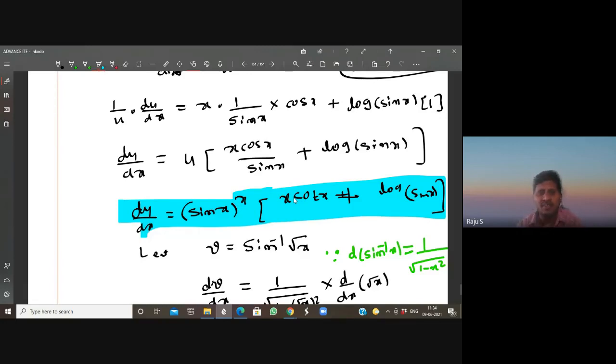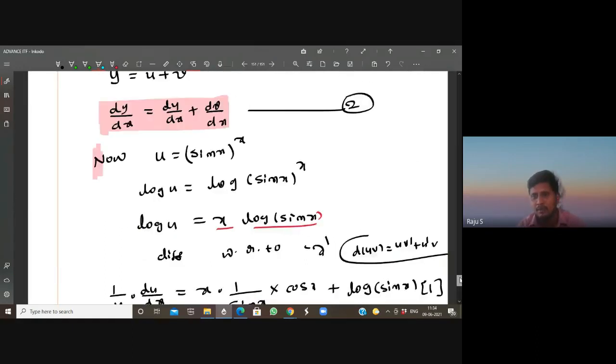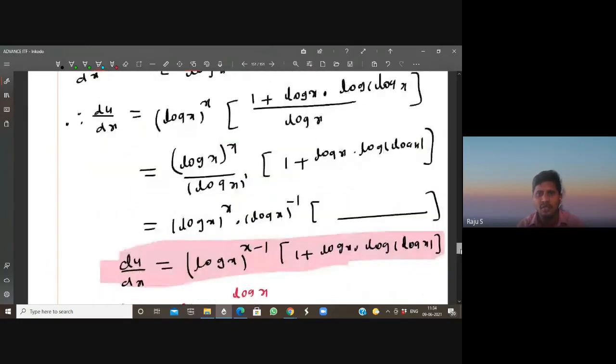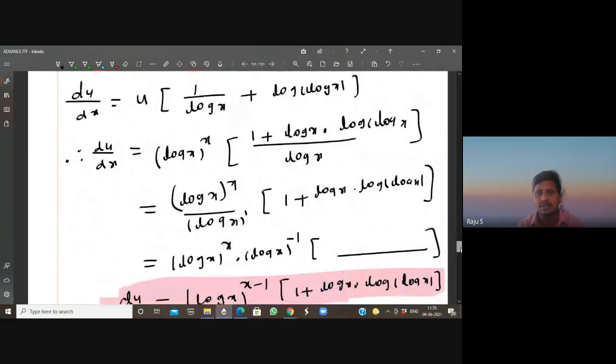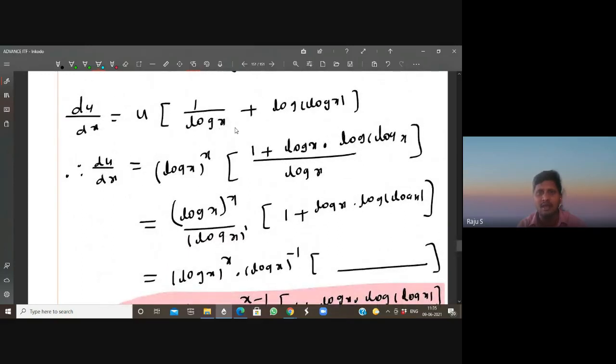But you should differentiate and replace the u value. That is a must. By replacing the u value and the v value, that is important. In the above question, after that we took LCM log x.